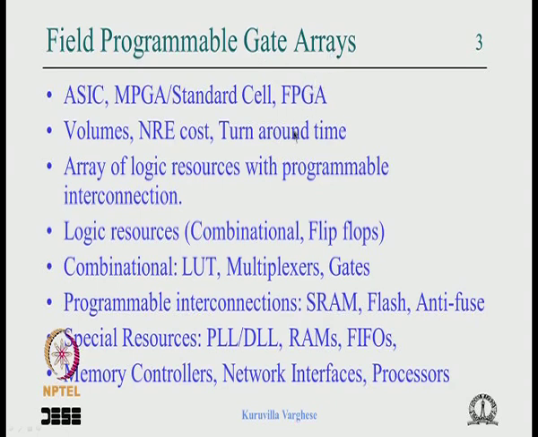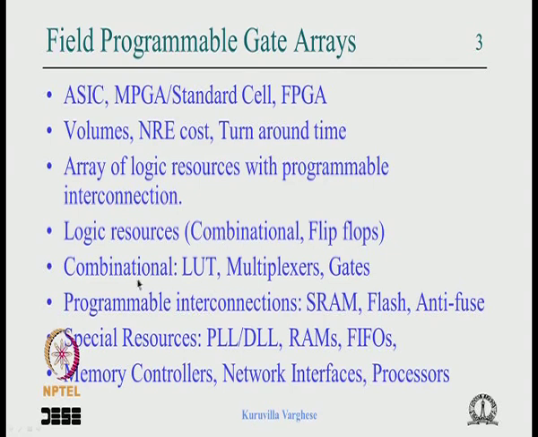And the FPGA, as I said, has an array of, though the name suggests an array of gates, that is not true. It is an array of logic resources, a higher level logic resource which is used to build combinational circuits with programmable interconnection. When we say logic resources, we know that we have to implement data paths and controllers, so it has combinational circuits and flip flops.